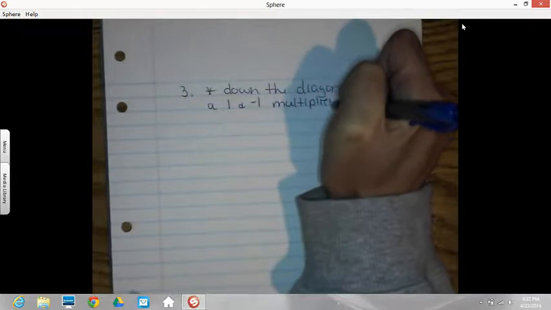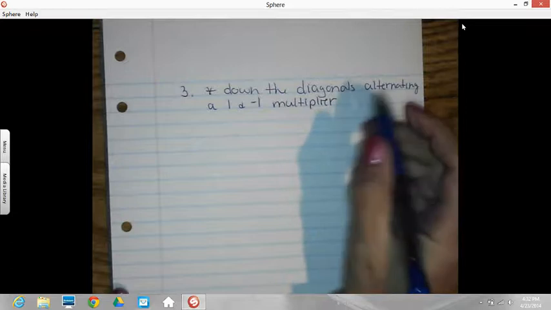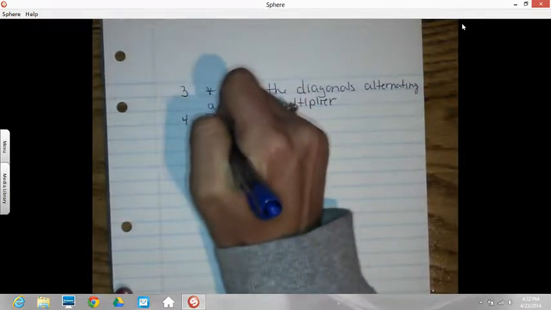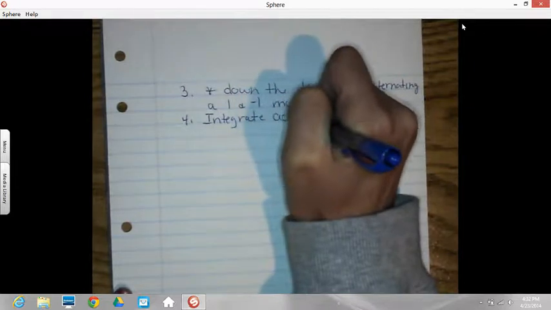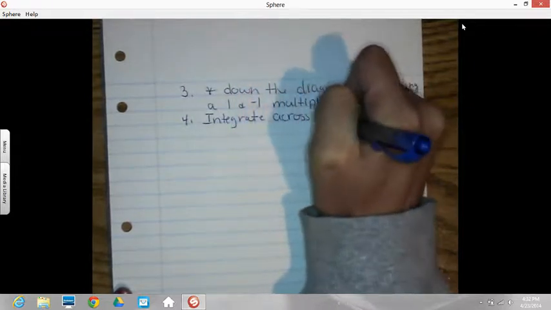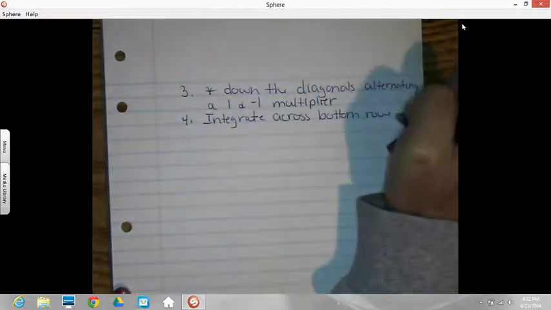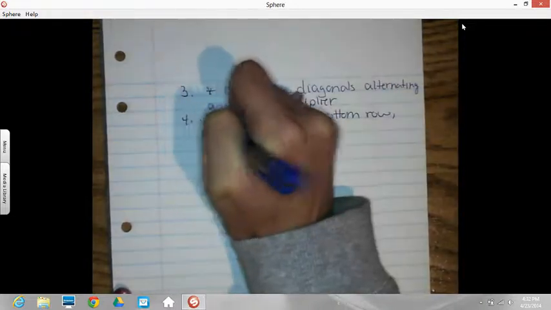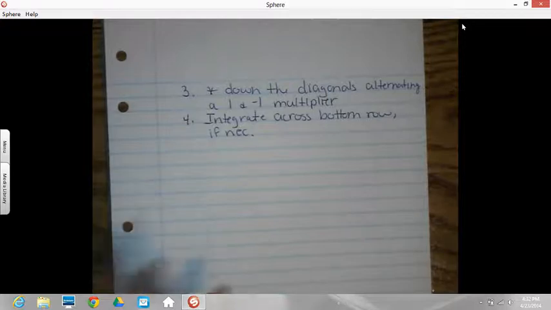So with the positive one you start with, then it goes to the negative one, you just alternate all the way down. And then, if necessary, integrate across the bottom row. So in other words, if it's not 0, you are going to have to integrate what's there. Okay, so let's do a couple more so things come up.